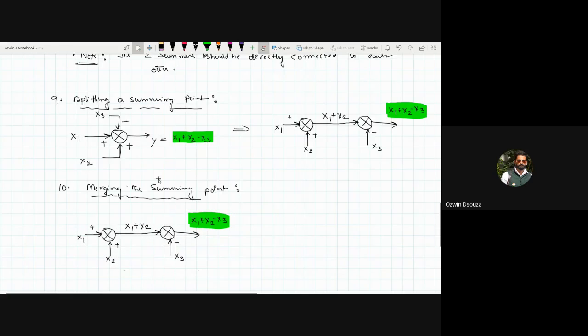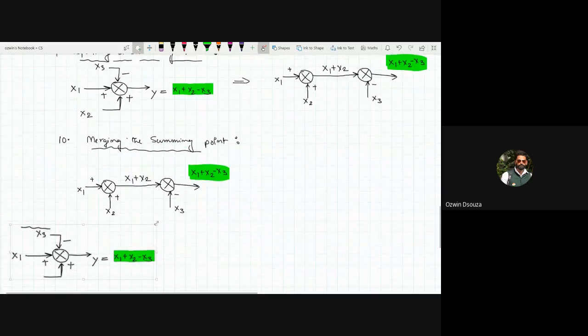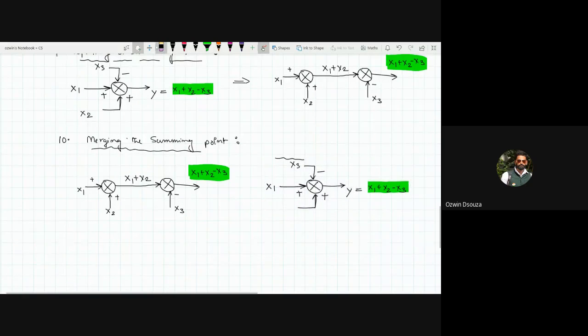If you have 2 summing points, you try to get a single summing point. So vice versa condition. Okay, fine. So that completes block diagram reduction rules.